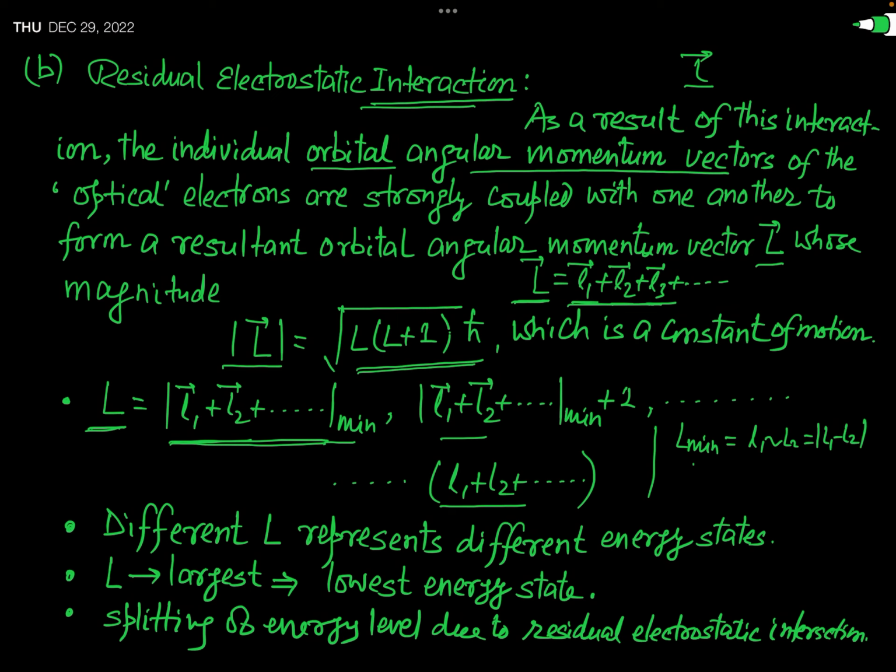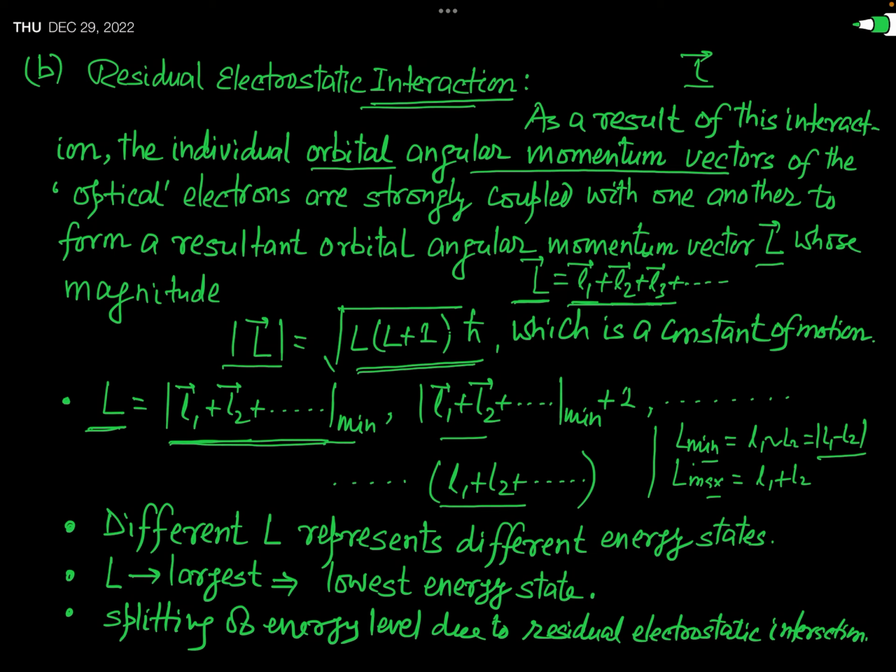And if you want to find the maximum value of L in this condition, L max will be simply equal to l1 plus l2. And then all values from L minimum to L maximum are obtained by simply adding 1 to the smaller value.